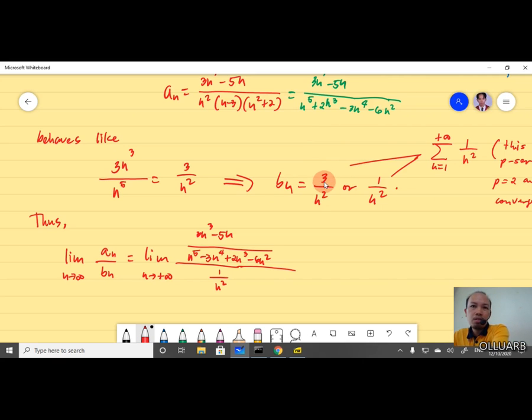Or you can choose this one, it doesn't matter. If this is 3, then you can factor out the 3, since a constant times a convergent series is convergent.